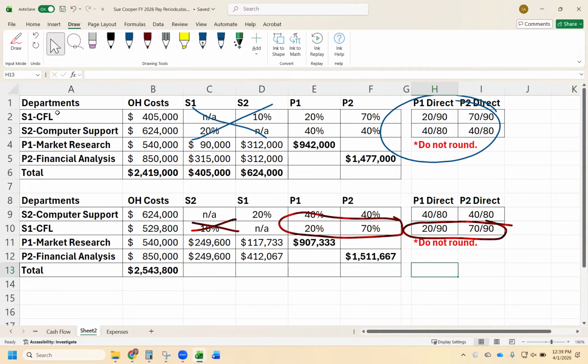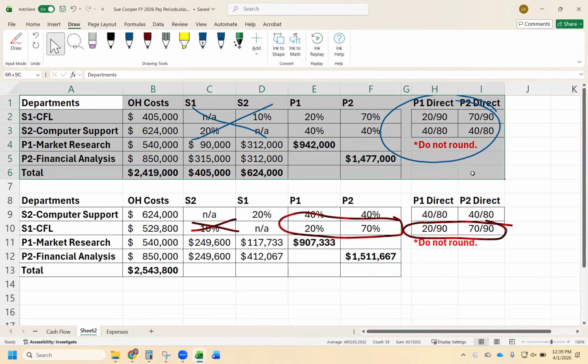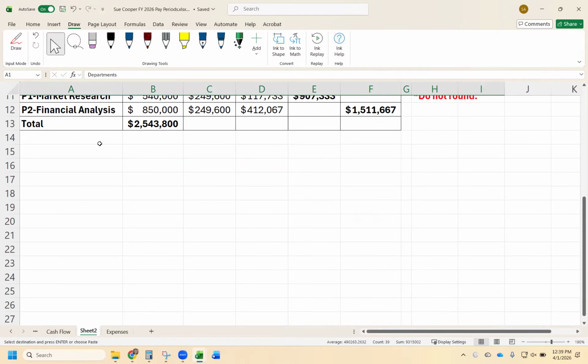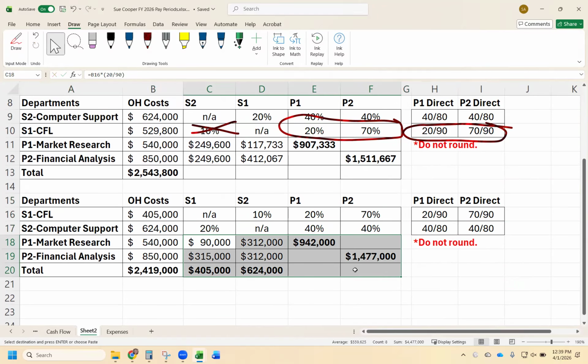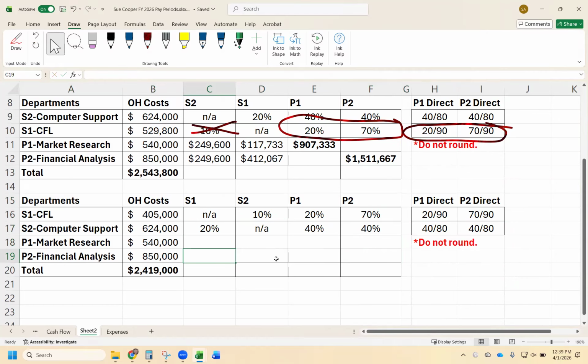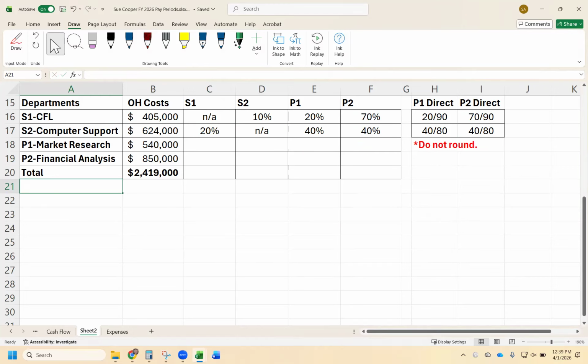Okay, let's move on to the third part of this question, and that is the reciprocal method. All right, so in this reciprocal method, we need to use the system of equations, and we're going to solve the system of equations. So the first equation I'm going to write is that S1 equals 405,000 plus 20% times S2.